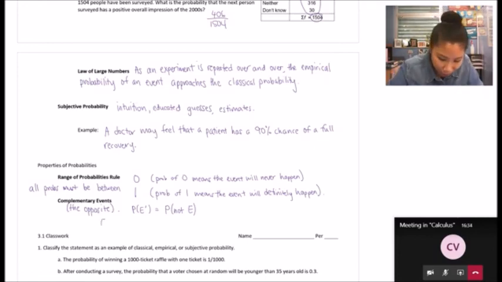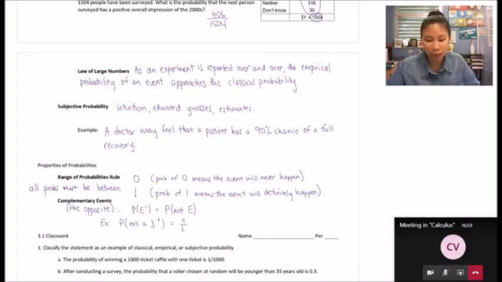For example, let's say my event was trying to roll a 3 on a die. If I put the apostrophe there, that means the probability of me not rolling a 3. Not rolling a 3 would be me rolling 1, 2, 4, 5, or 6. So there are 5 ways to do that out of my 6 possible ways, and the probability of not rolling a 3 would be 5 over 6.